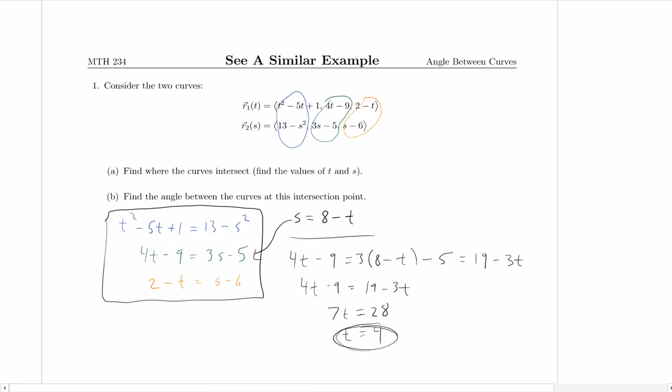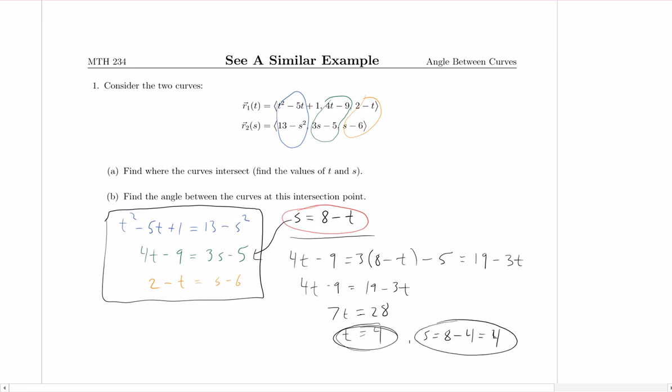So this is our answer. t equals 4. And above, remember, we said s is 8 minus t. So if t is 4, then s is 8 minus 4, which also happens to be 4.